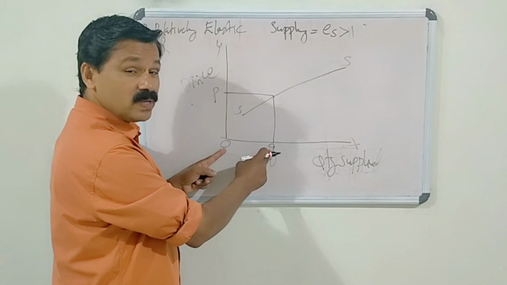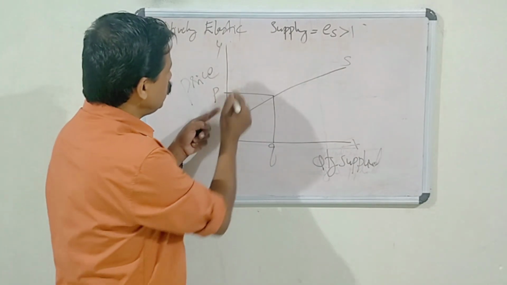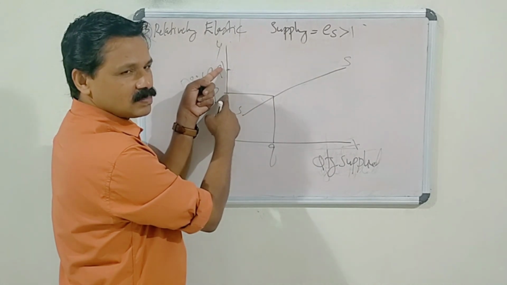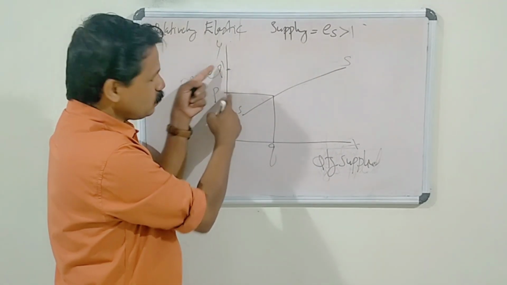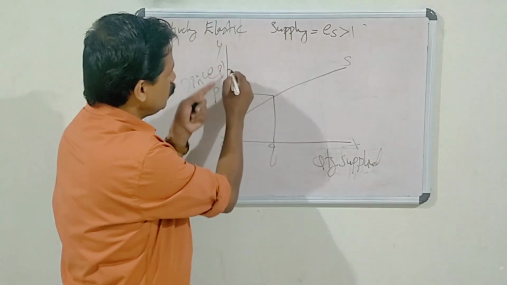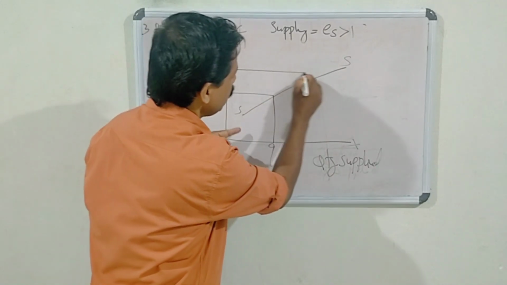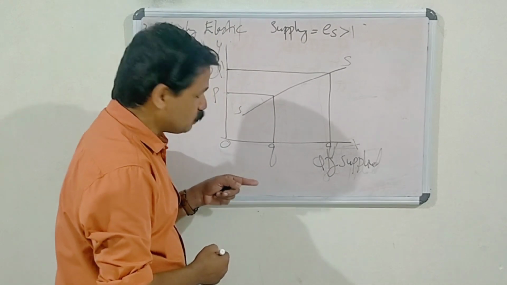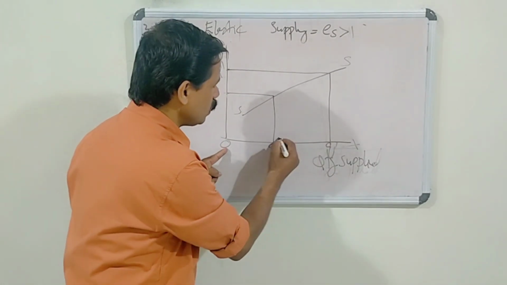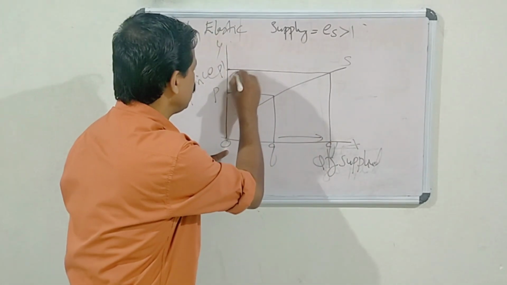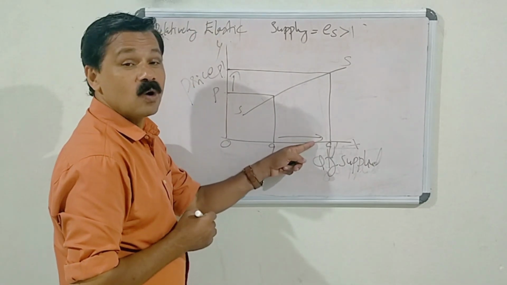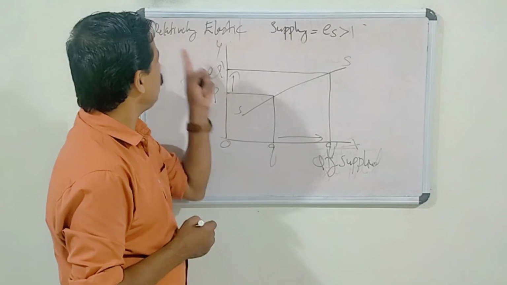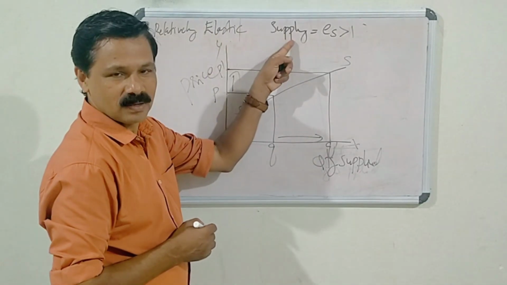If the price of the commodity increases from OP to, say, OP1, this much incremental change, the quantity supplied will also increase from OQ to OQ1. This much incremental change in the quantity supplied can be seen if a commodity is facing relatively elastic supply.